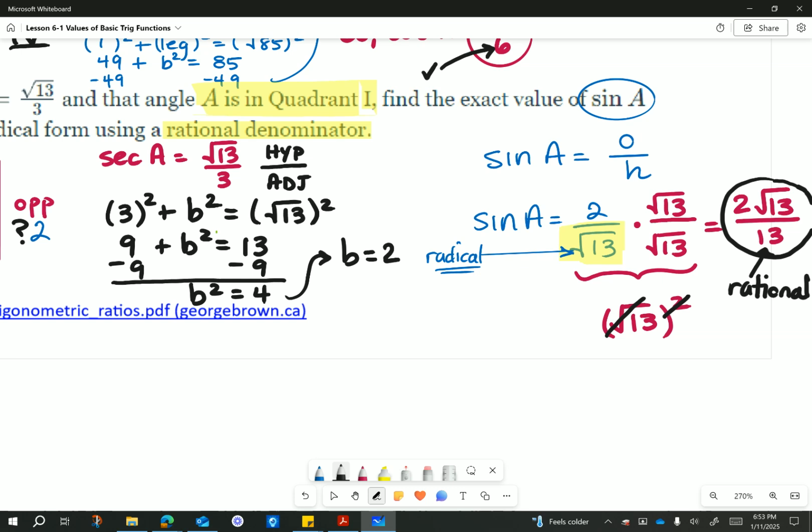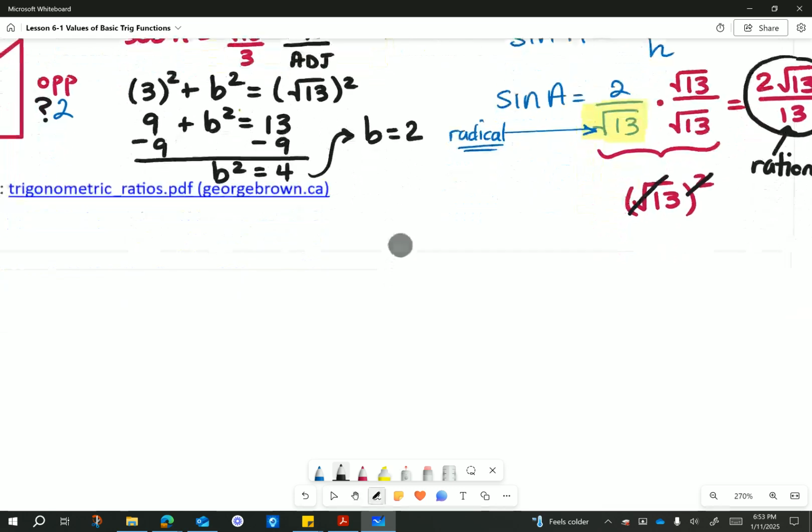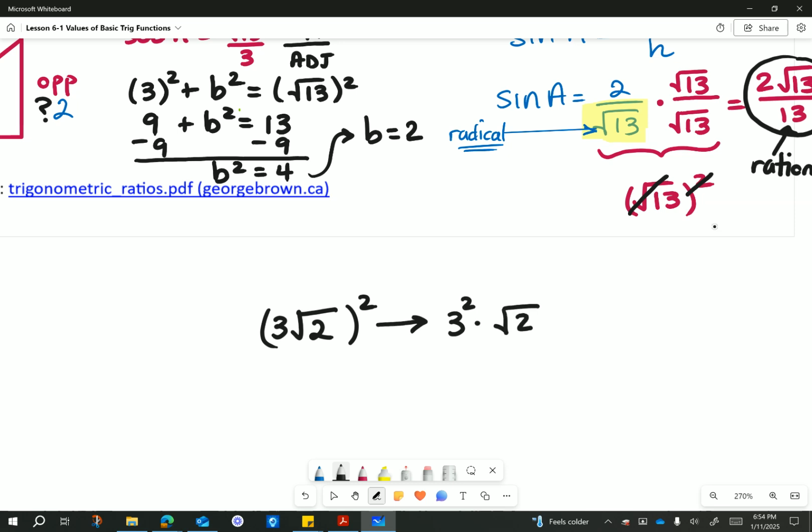Okay. I have one last thing that students have popularly asked. If they ended up with the length of a side that was something like 3 square root of 2, and let's say this was the length of a leg, and you had to square it in the Pythagorean theorem. How do you find the value of 3 square root of 2 all squared? Well, that just means you're going to take the 3 and square it, and multiply it also by the square of square root of 2.